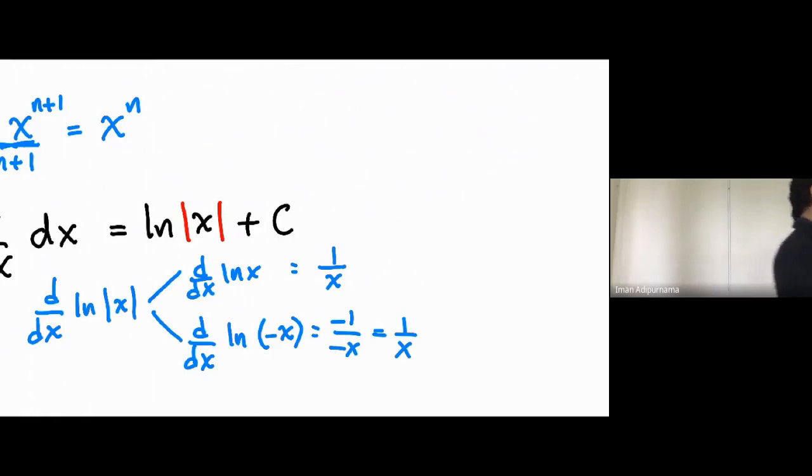That's why we need to have the absolute value, because you have two possibilities: either the x is positive or negative. Not the numbers in ln, okay? The x. Because if negative, then it will be impossible, right?